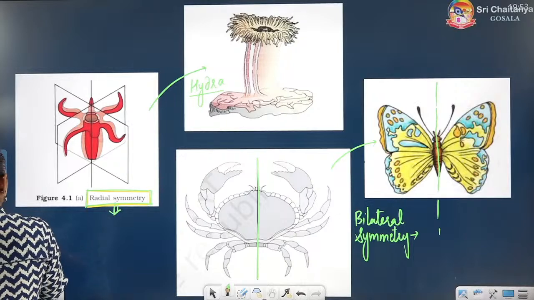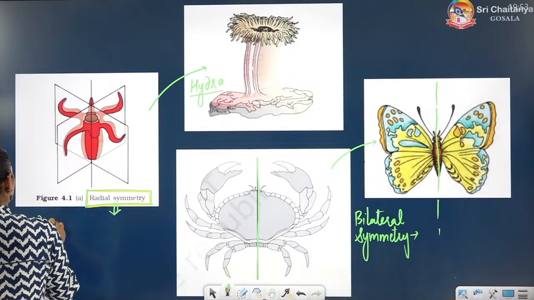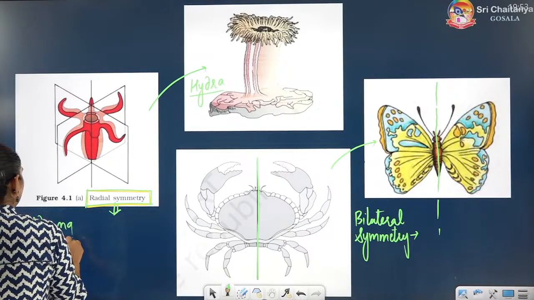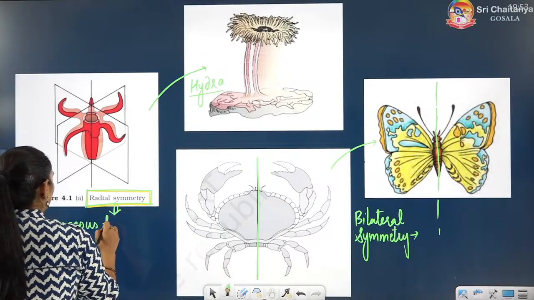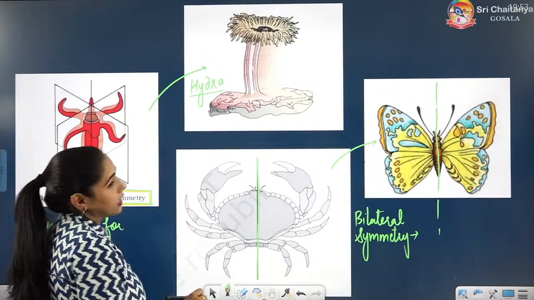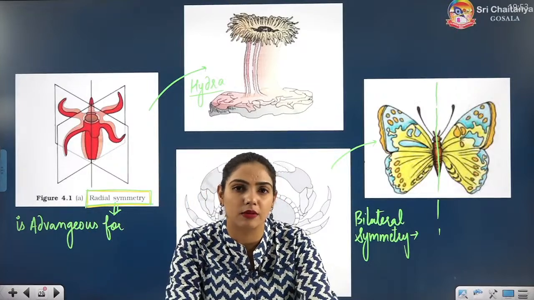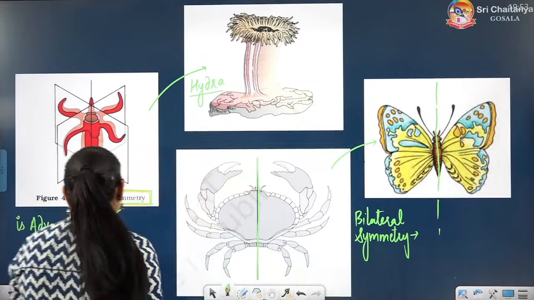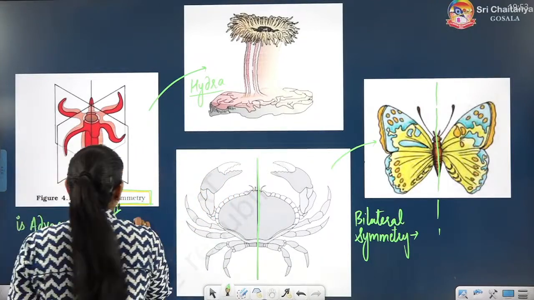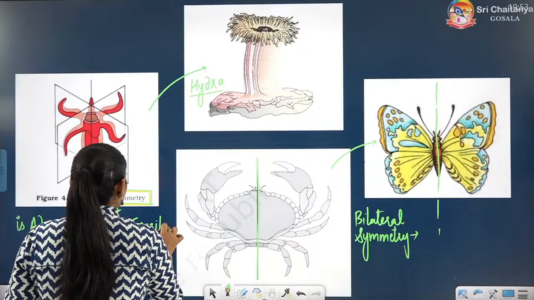Radial symmetry is advantageous for those animals which cannot move from one place to another place. Those types of animals are known as sessile animals, everyone. So it is advantageous for sessile forms.